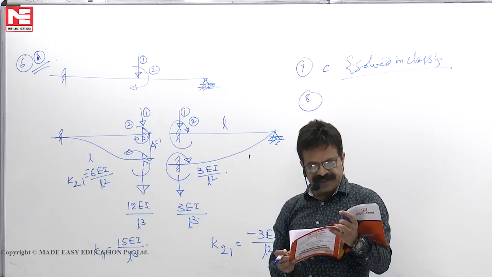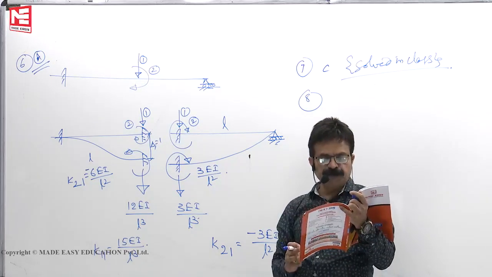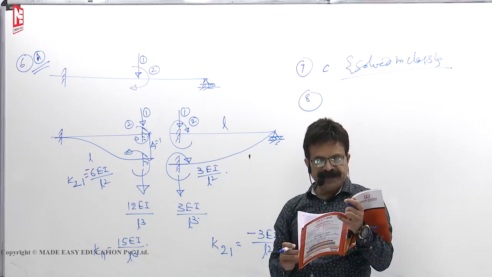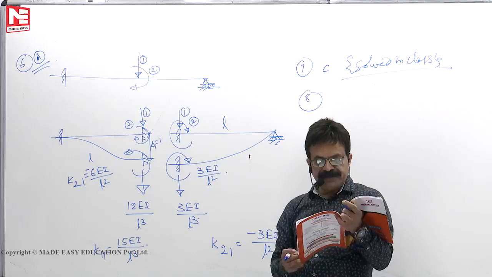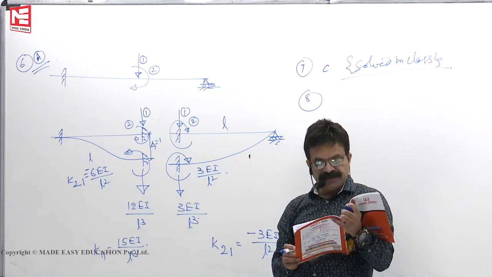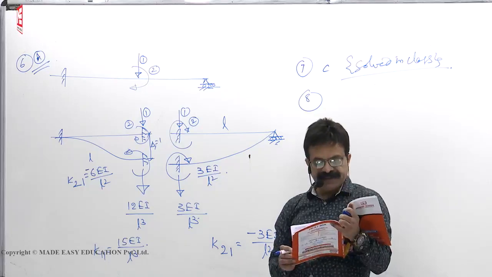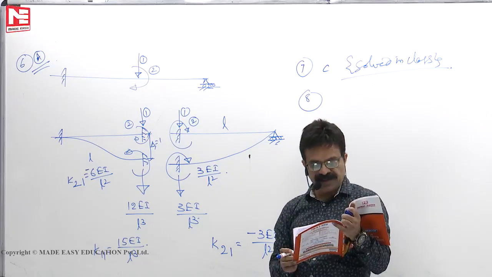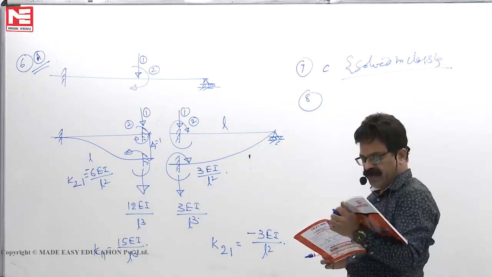For unstable structures, we don't define at all. It is not negative, it is some infinity, that's all. It cannot be negative, it will be infinity, because large deformations in the direction of force only will happen. So 3 is wrong. So 1 and 2 only are correct.